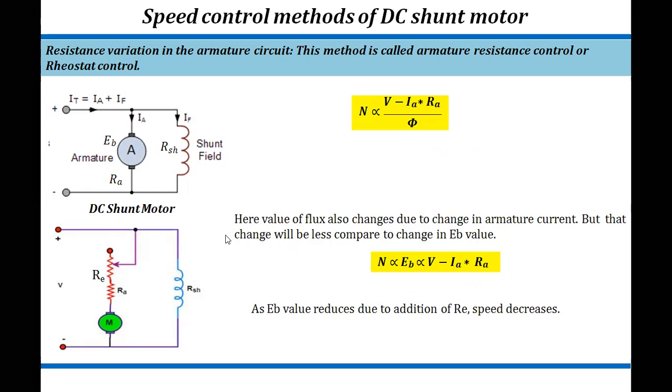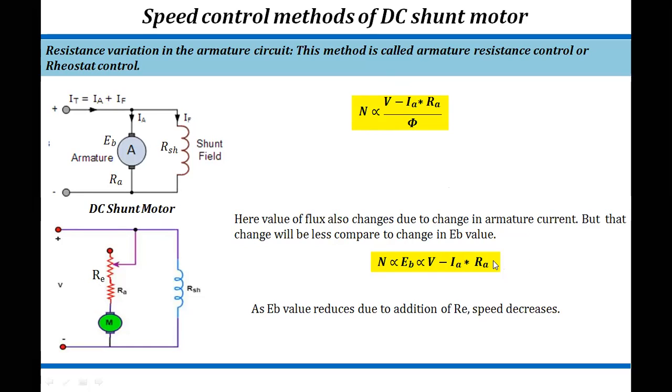Here, when studying the DC shunt motor using a rheostat, the value of flux also changes due to the change in armature current, but that change is small compared to the change in EB. So you can directly take N proportional to EB, and again N is directly proportional to V minus IA RE.